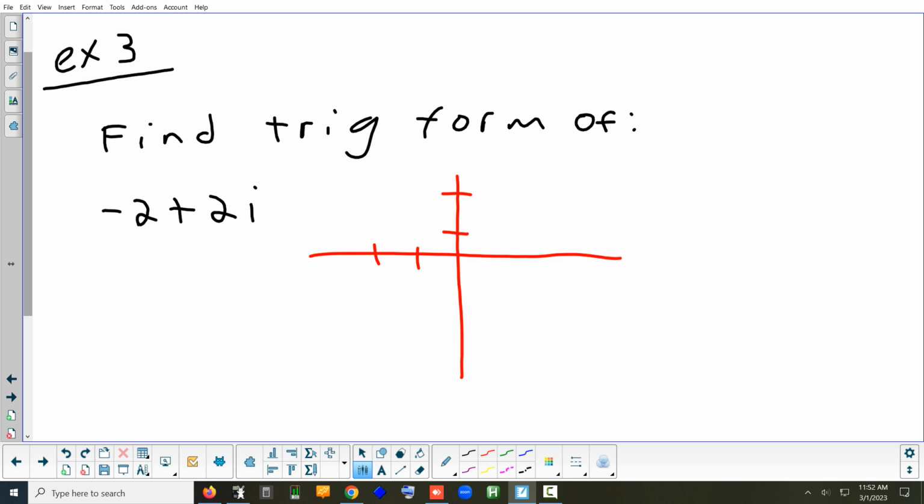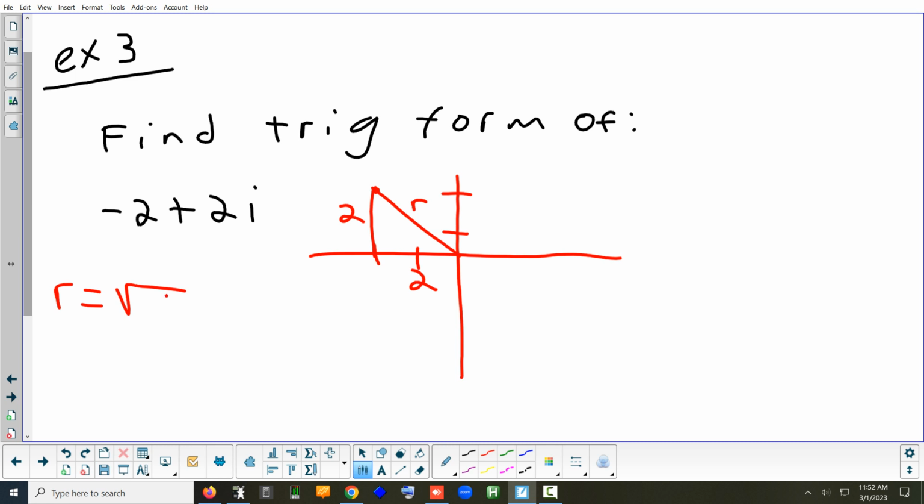Left 2, up 2. That's your R. So using Pythagorean theorem, R is going to end up being the square root of what? 4 plus 4. 2 squared plus 2 squared, and then take the square root.